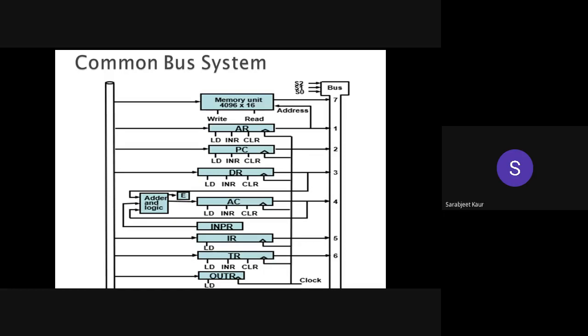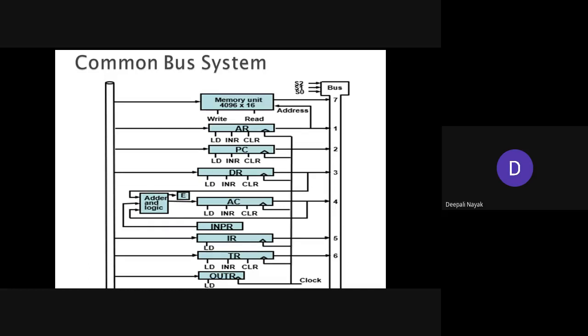So this is clear that we want interconnections between these registers themselves, and also to the main memory unit, to facilitate the data transfer.